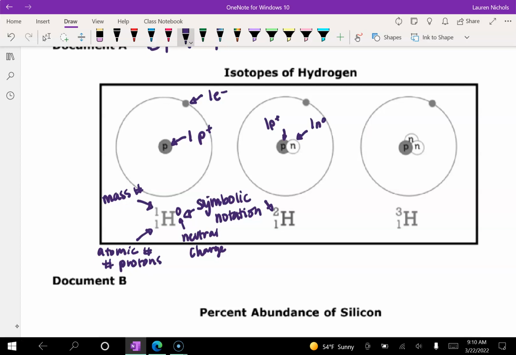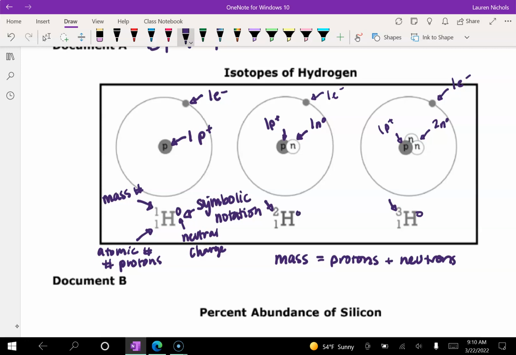The mass number is equal to my protons plus my neutrons. Here I have a mass number of 3, because I have 1 proton and 2 neutrons. But in all of them, I still only have 1 electron, and they all maintain a charge of 0, or neutral.